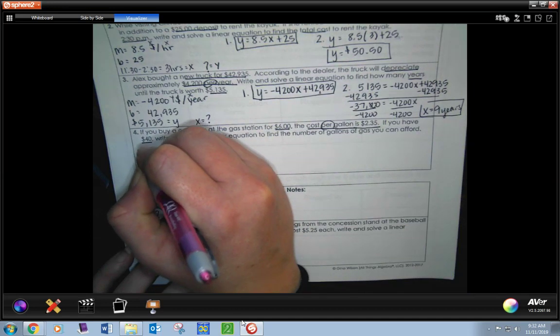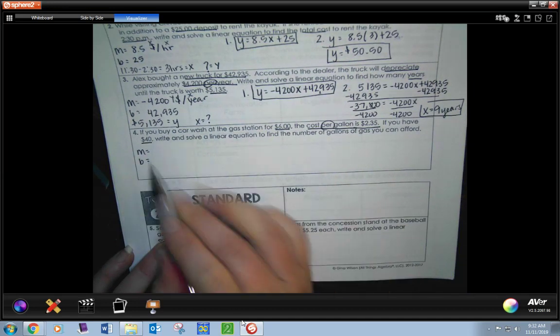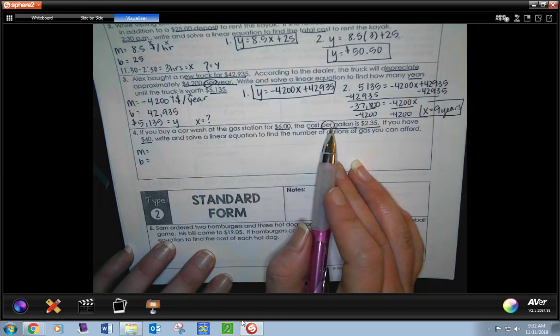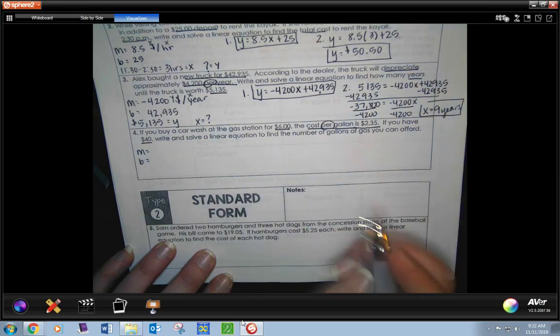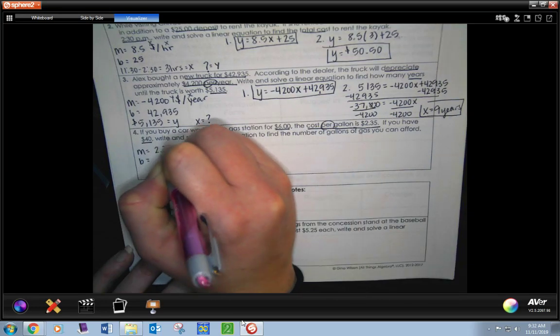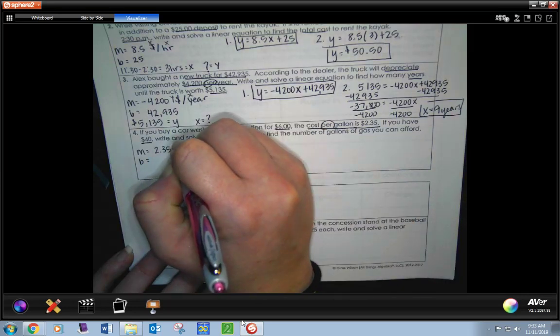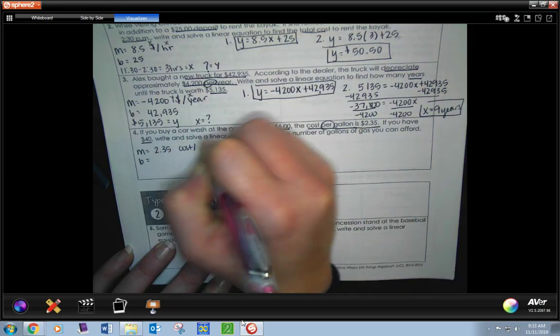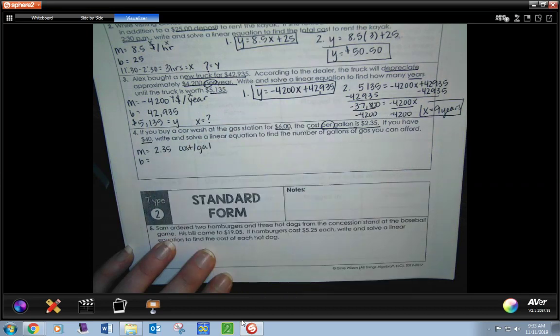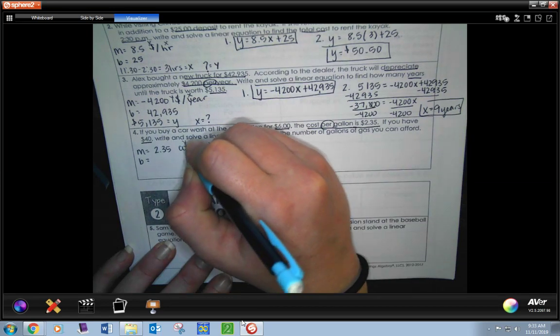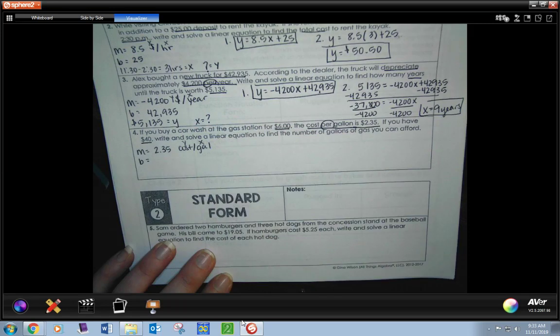So I'm going to start with M and start with B. My M has that word per or each. And it is $2.35. And it says cost per gallon. So you can write cost per gallon. And remember, this is your y per x, because slope is rise over run, so y over x.